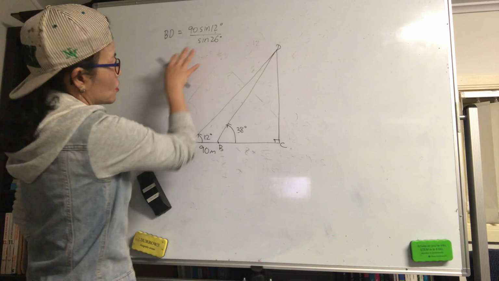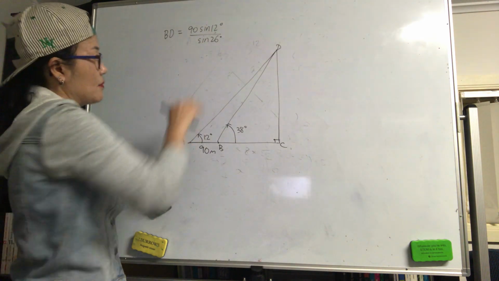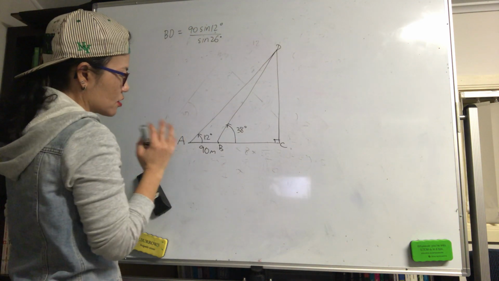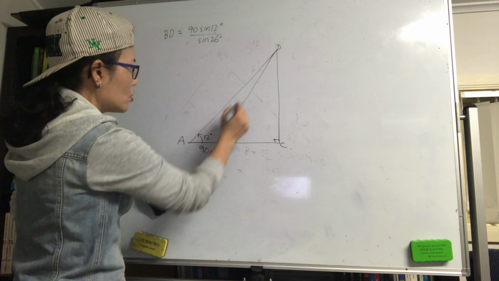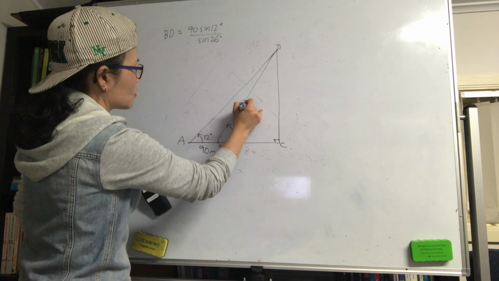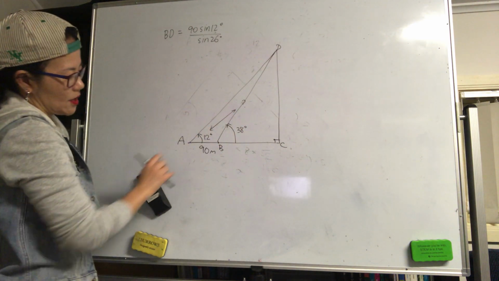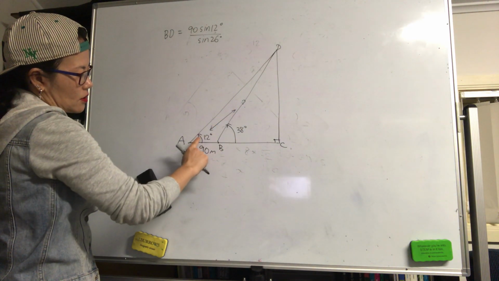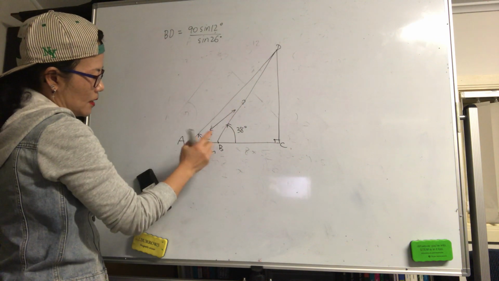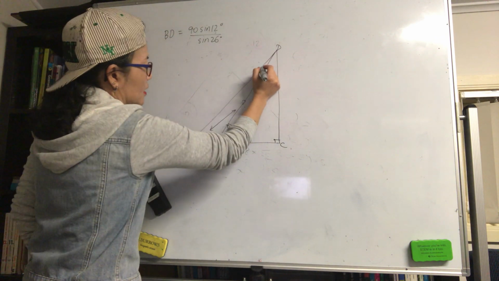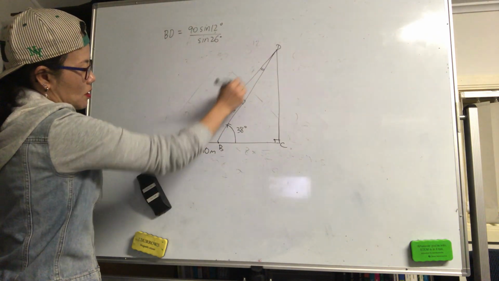I think they use the sine rule. Okay, because you've got two sines here, so I know it's sine rule. So to find BD, this one, I need this. If I use the sine rule, I've already got sine 12 and then this BD matching up. I need this one with this one. I need this angle so I can match up with that.